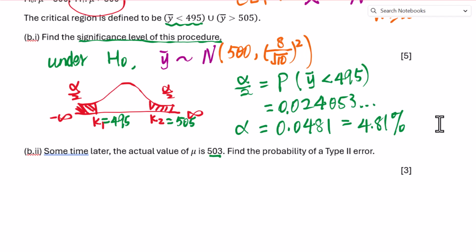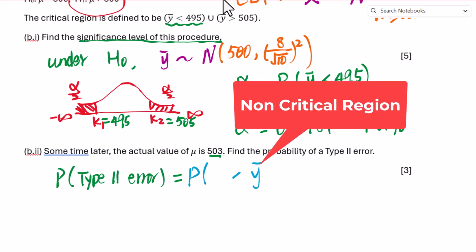B2, sometime later, the actual value of mu is 503. Find the probability of a type 2 error. Probability of type 2 error equals probability of y bar greater than 495 and less than 505, given that y bar follows normal distribution with 503, 8 over square root of 10 as the standard deviation.